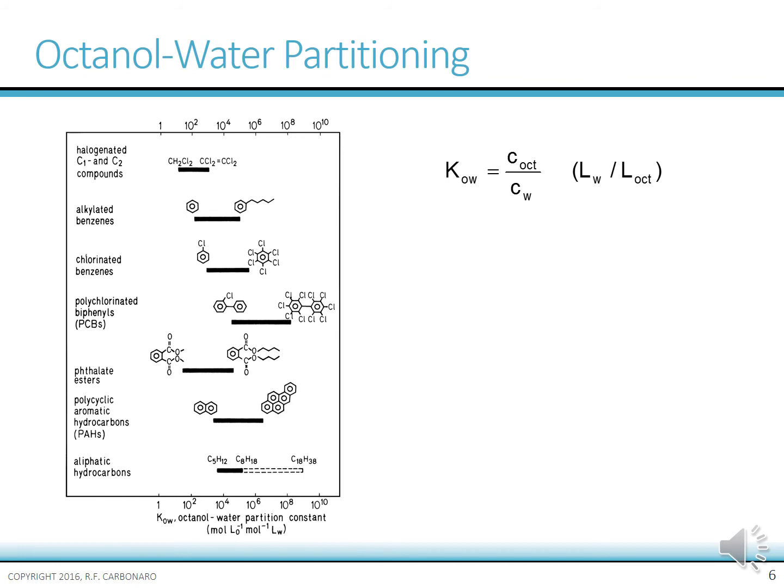The same thing holds true for the PAHs down at the bottom. You can see we've got naphthalene with a KOW of about 10 to the 3.5. And as we increase the number of benzene rings within the PAH molecule, we're vastly increasing the value of KOW, meaning that it will want to partition more and more into the octanol phase.